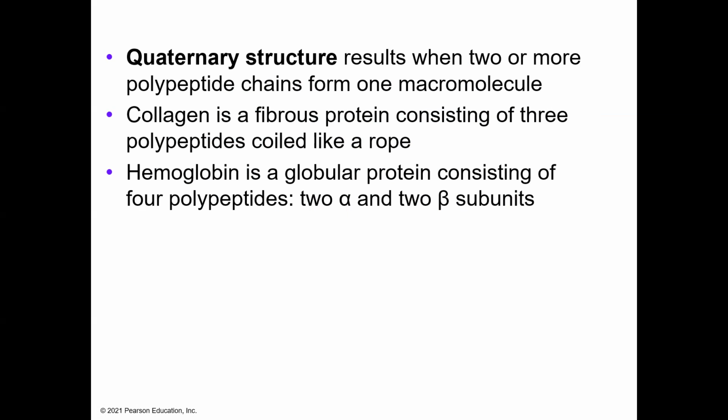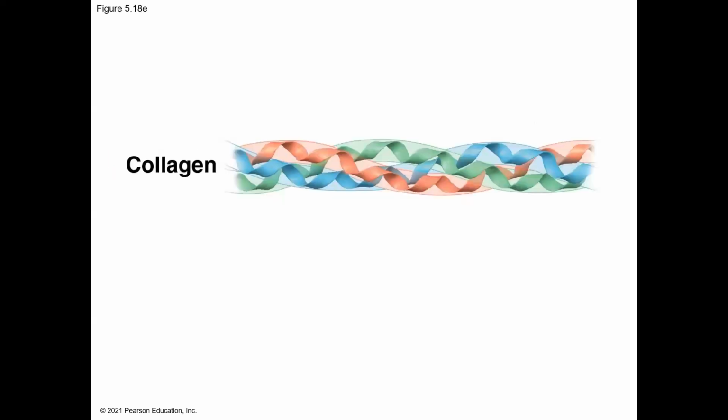Hemoglobin is a globular protein that's made from four polypeptides, two alpha and two beta subunits. And what I mean by that is that it's made from four tertiary structures to make one quaternary structure. So collagen is made from three tertiary rope-like structures that are bound together to form a quaternary structure.